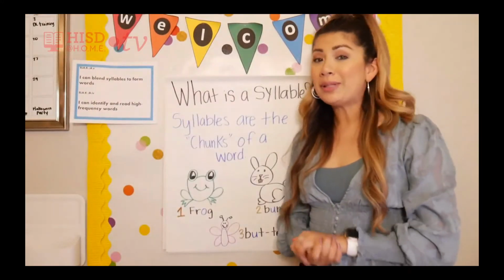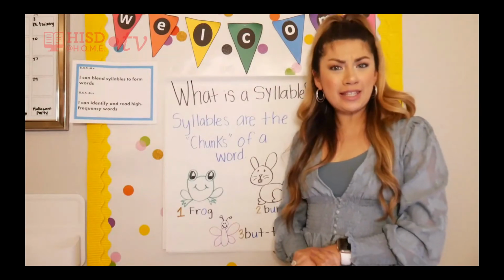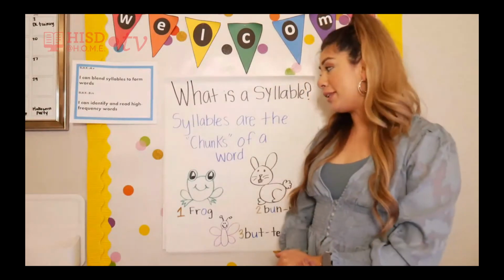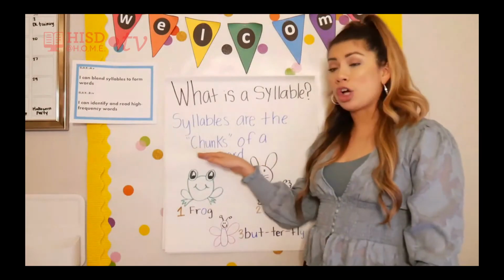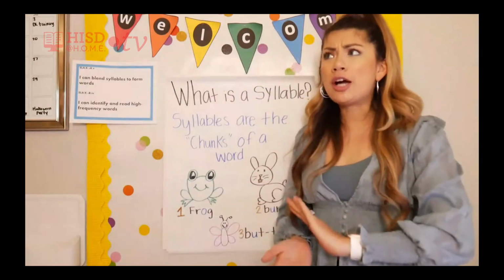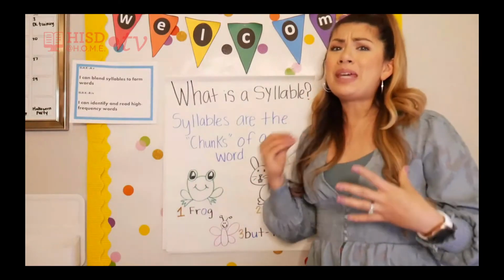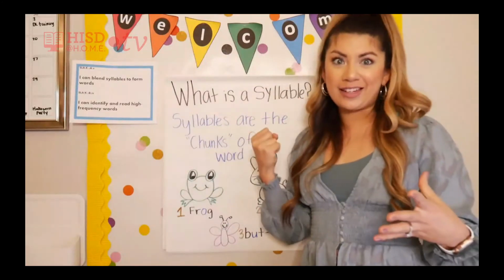Now we're going to talk about syllables. But Miss Alvarado, what is a syllable? Well, syllables are the chunks of a word. Chunks means like the pieces, like when you have a cake and you take a chunk out of that cake.